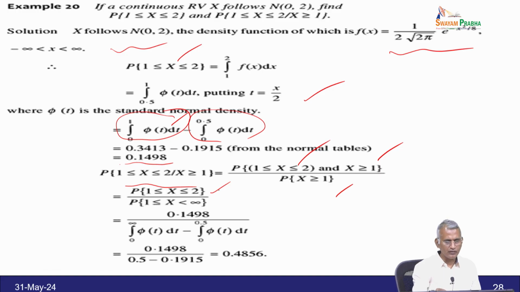You know the value of the numerator, 0.1498, divided by the probability of x greater than or equal to 1, which is the integral from 0 to infinity of phi(t) minus the integral from 0 to 0.5 of phi(t) dt. After simplifying this, we have this value.